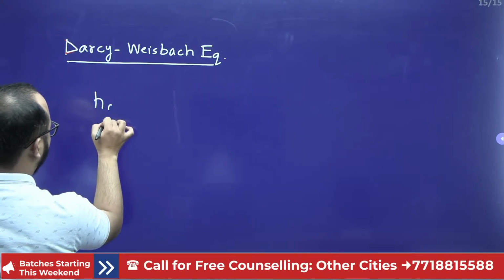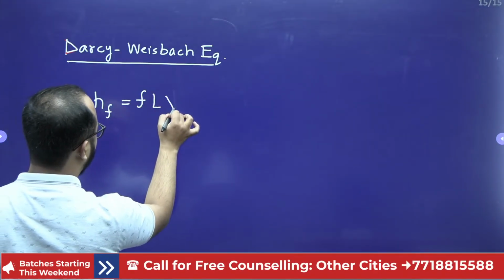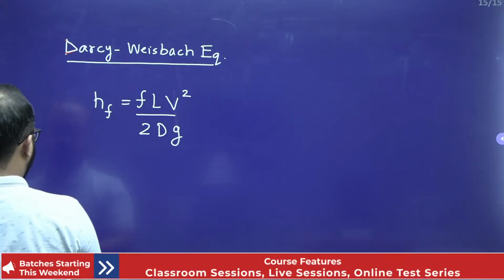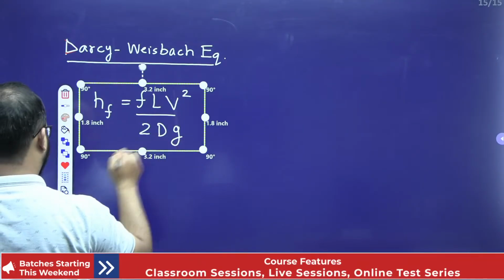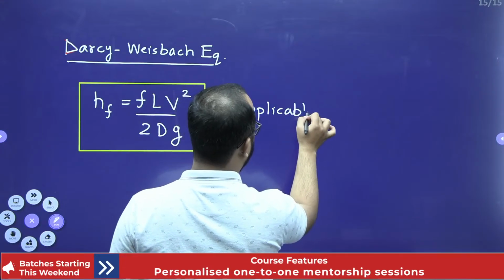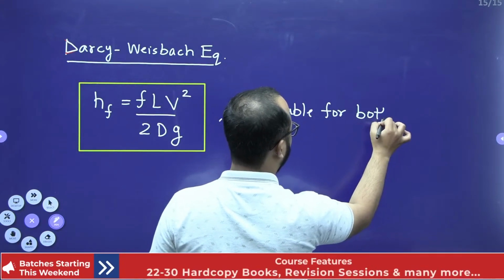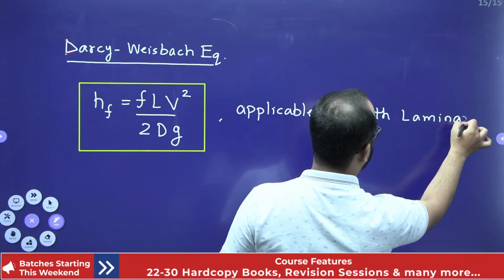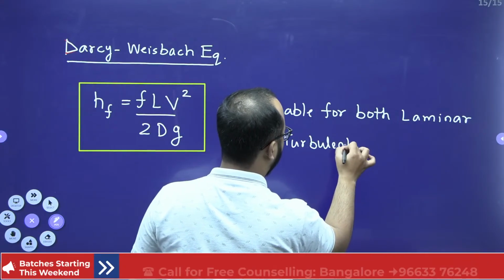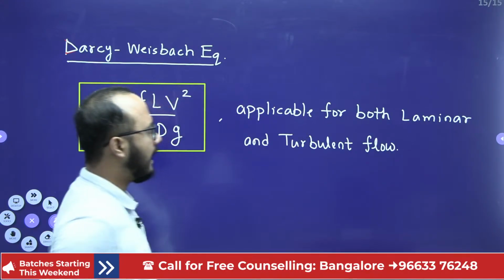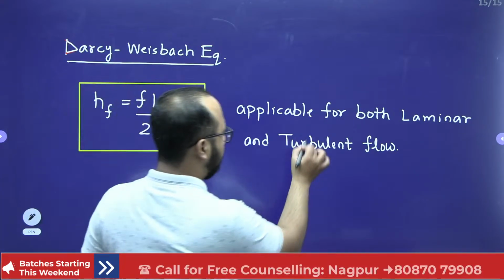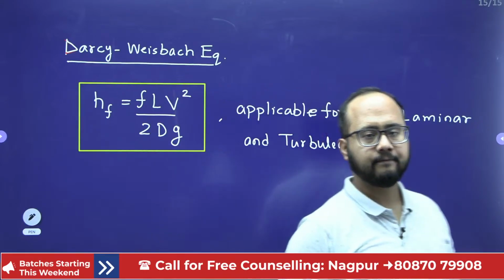That is, HF equals F L V square divided by 2 D G. You should remember this formula is applicable for both laminar and turbulent flow. This is very important.